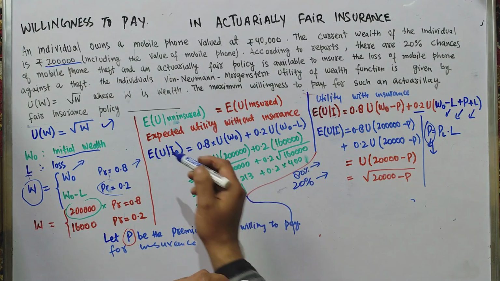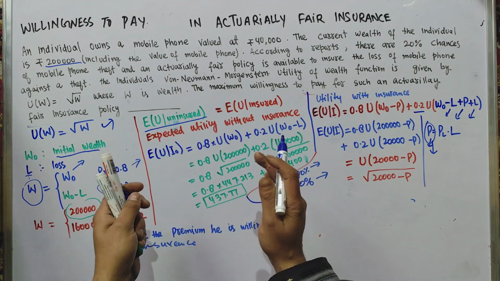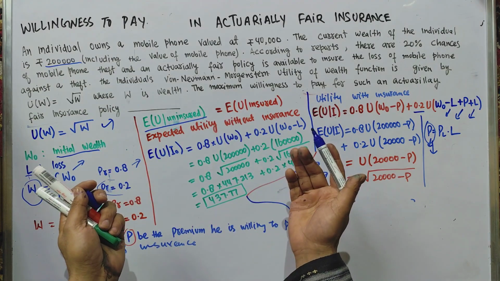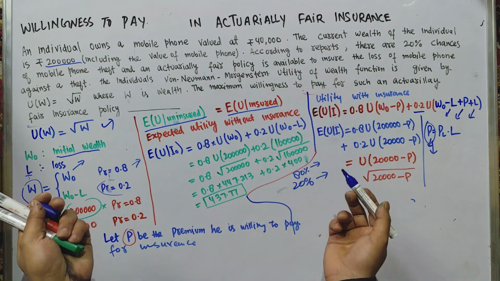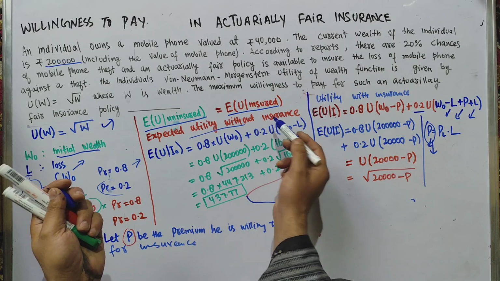First, what will we do? We will find out the expected utility when he does not take the insurance, and we equate it with the expected utility when he takes the insurance. So what will be the expected utility without insurance?